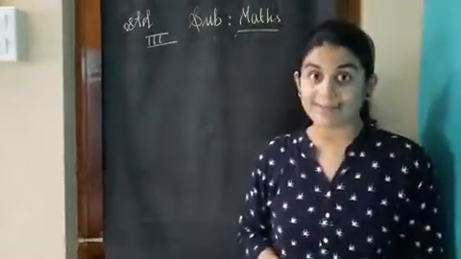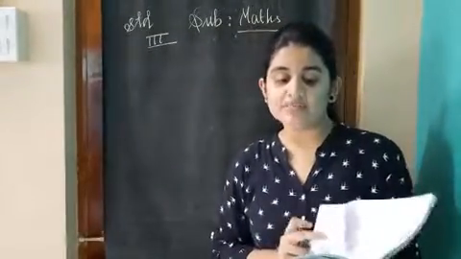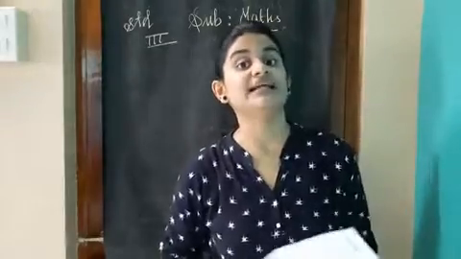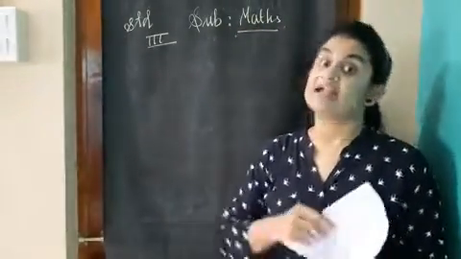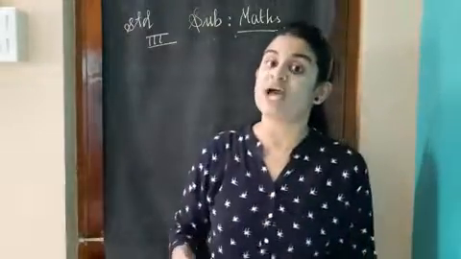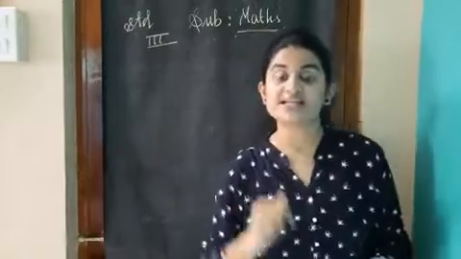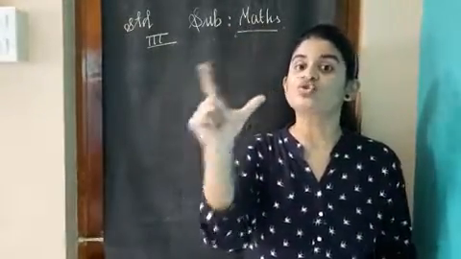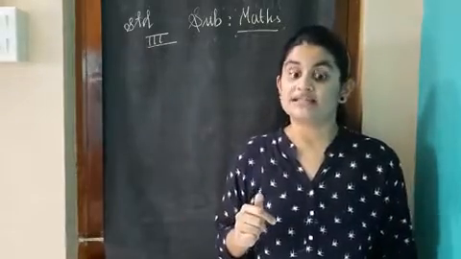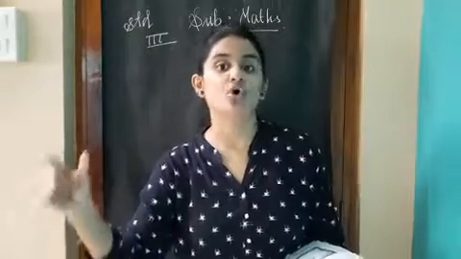Then comes the properties of multiplications. Then comes the second lesson, that is coins and currency notes. And then comes the last chapter, that is measurement. Right, students? So till now I have taught you 2 chapters, right? They are multiplication and coins and currency notes.